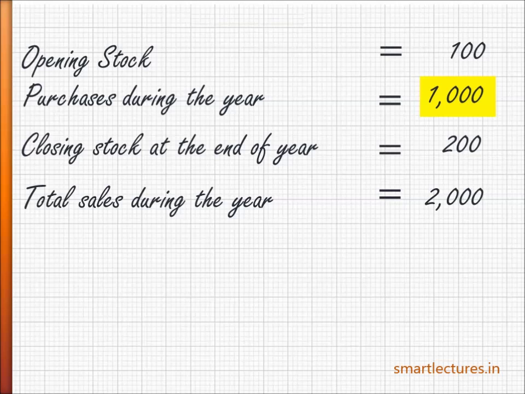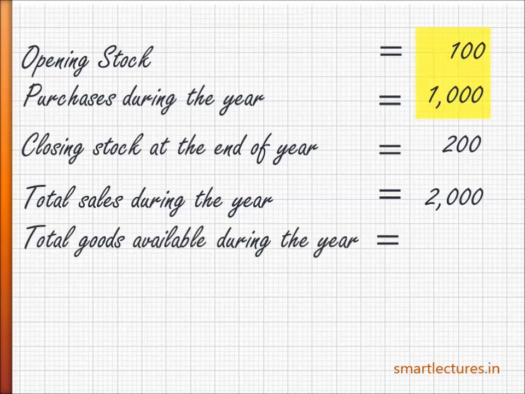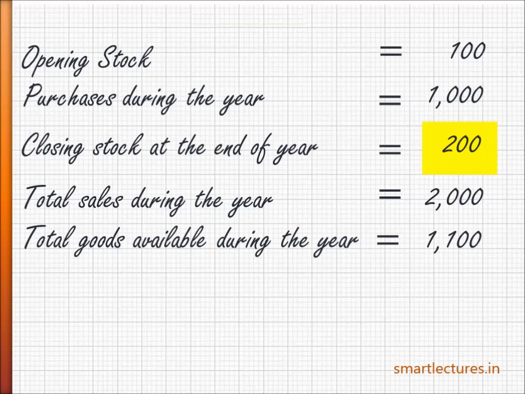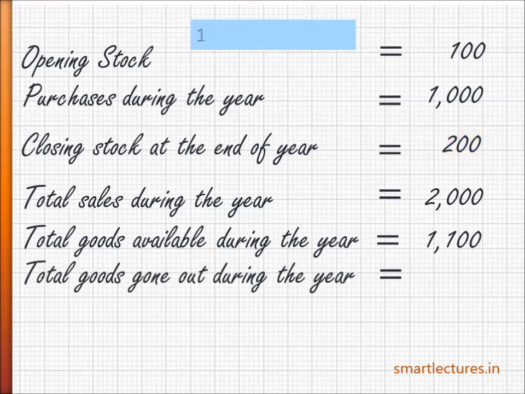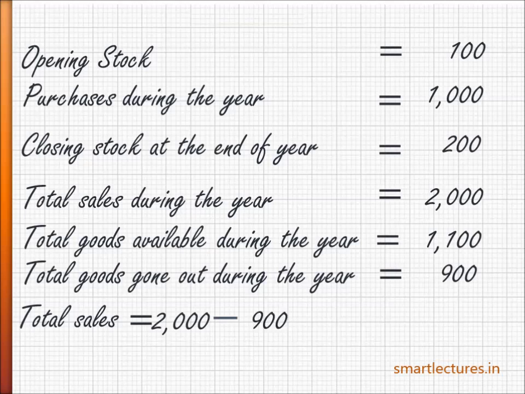So the total goods available in the shop was 1100. Out of that 200 still lying with us, I mean to say closing stock. So how much goods have gone out? That is rupees 900. It means the total sales are rupees 2000 minus 900. So net profit is 1100.